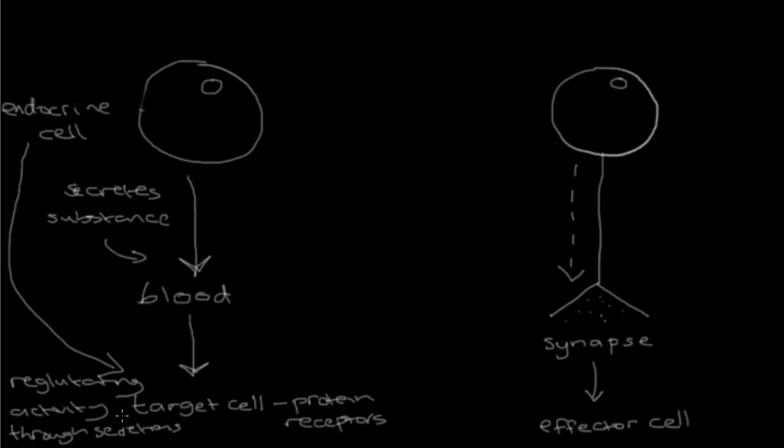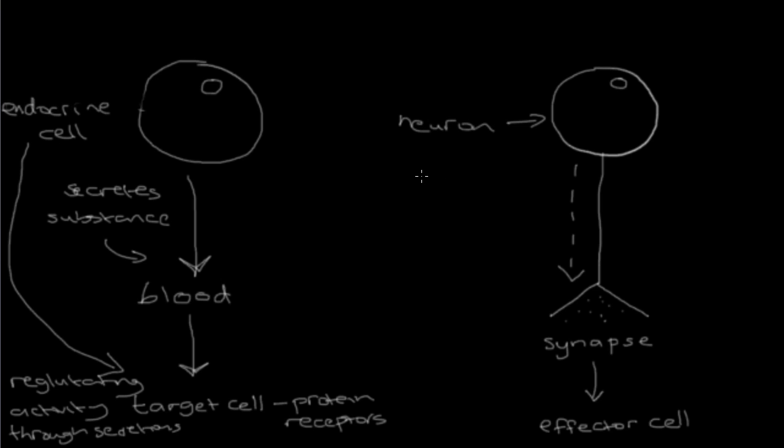So that's a remote way of one cell actually affecting what another cell does. Now, in the nervous system, the equivalent would be a neuron. So this here is a neuron.